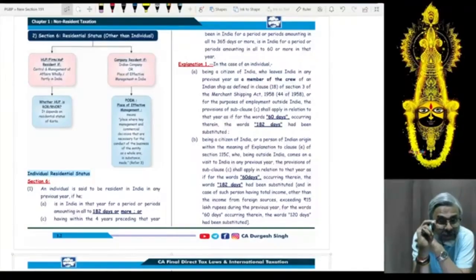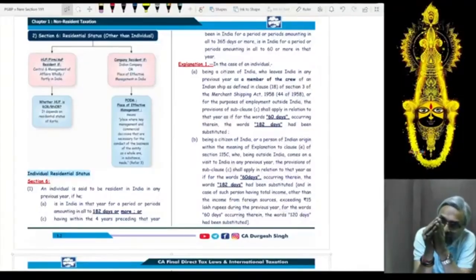Try to appreciate what I'm saying right now. Even that NRI is nothing but a person who is a citizen of India or a person of Indian origin, isn't it? So that is also an individual.